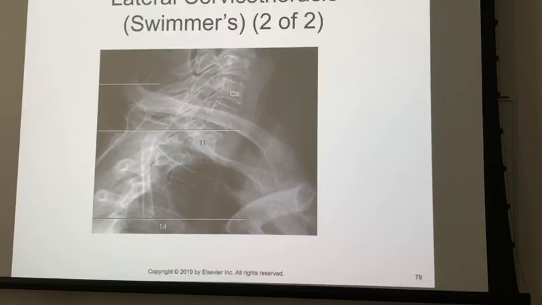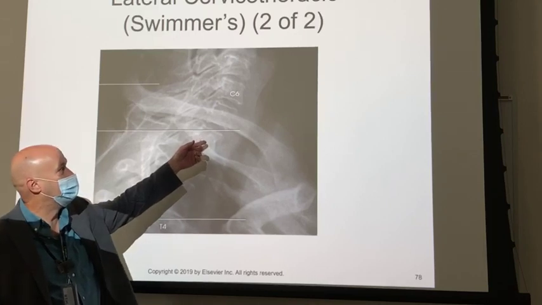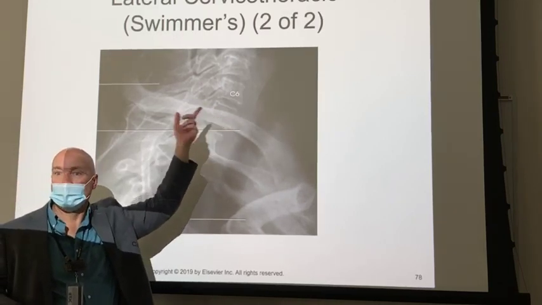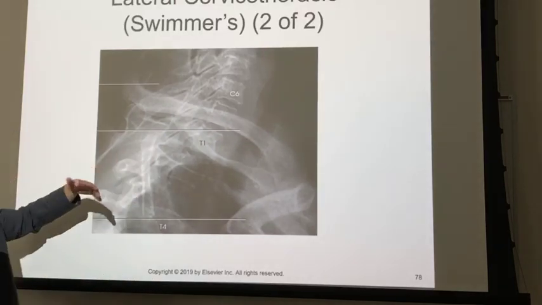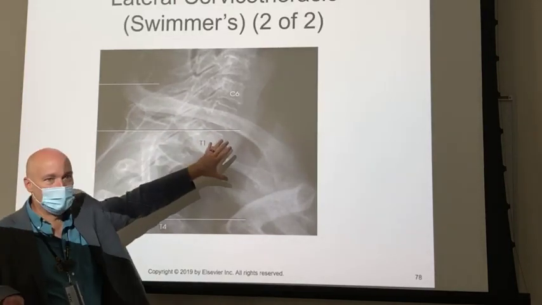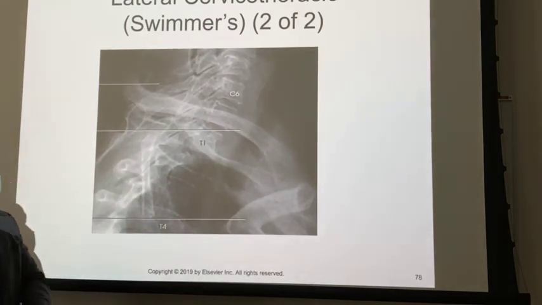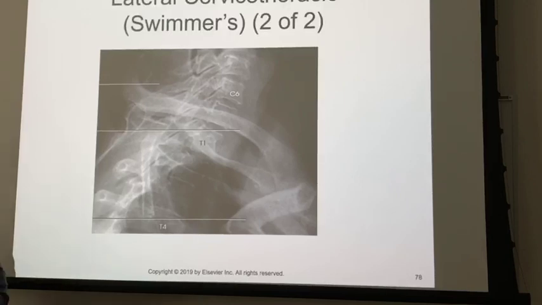So, in addition to all this, it's such an ugly image that some of your radiologists can't really make a whole lot of sense of that. Well, is that T1 or is that C7? Is that C6 or is that C5? I don't really know. So some of your radiologists won't want you to collimate down this small. Collimating this way is good, but what they'll want you to do is include C7, C1, C2.